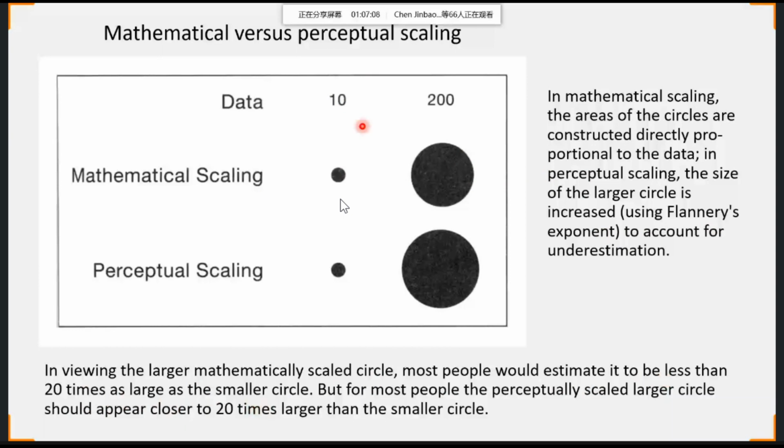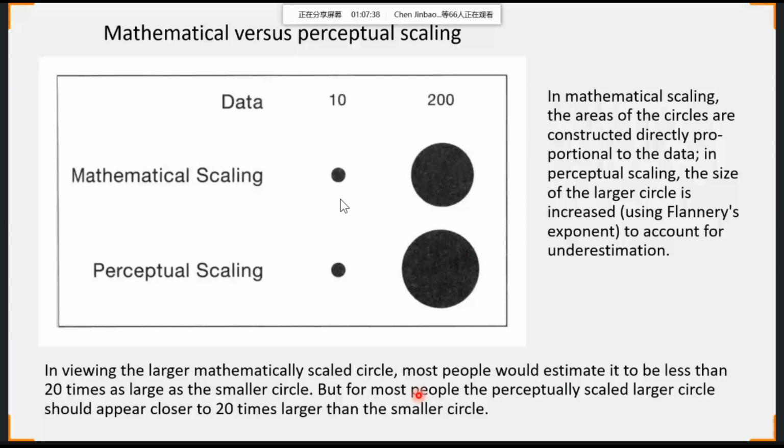If you show people these two circles and they should estimate the difference, most people think it's less than 20 times. And therefore they underestimate the size of this circle. To correct for this underestimation, the circle is now larger in the perceptual scaling.